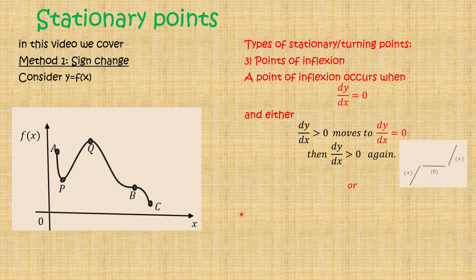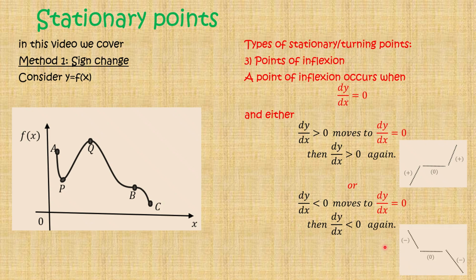Or we can have it in this manner. The dy dx is less than 0, then moves to dy dx equal to 0, and then again goes back to dy dx less than 0 once again. Now we've got the graphs that display the situation at hand.